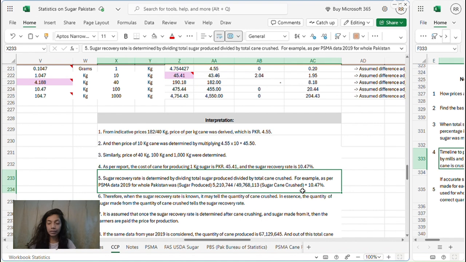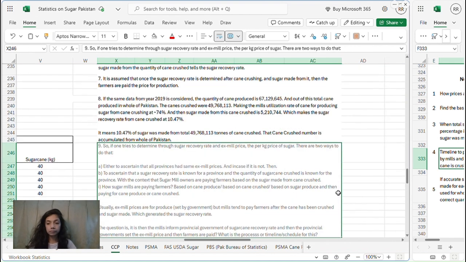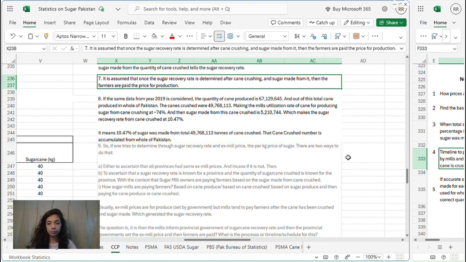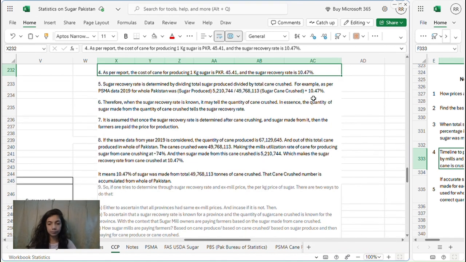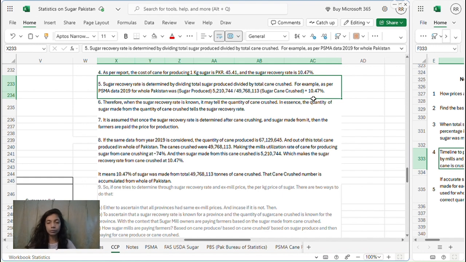So when this cane was crushed in all provinces, the sugar produced was almost 5.2 million metric tons, and as per these numbers the sugar recovery rate becomes 10.47%.